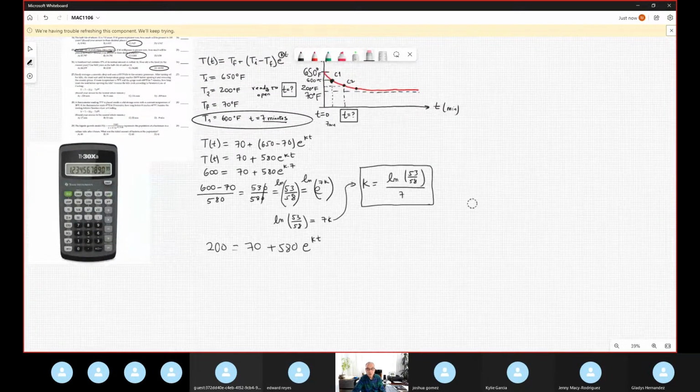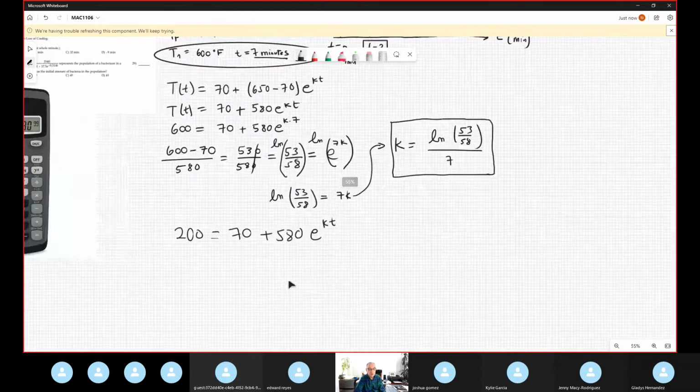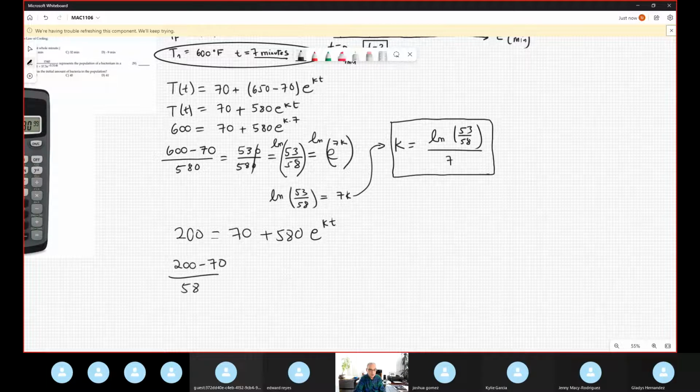This is another problem. Okay. Similar algebra: subtracting 200 minus 70, divided by 580. This is 130 divided by 580.